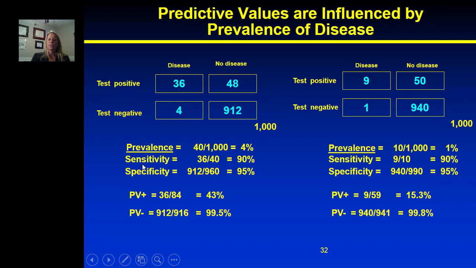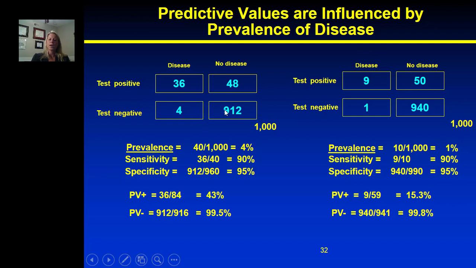And we're now dealing with a test that has a 90% sensitivity and a 95% specificity. And by the way, sensitivity and specificity are not influenced by prevalence of disease. So these two measures are the same in both scenarios. So we can use those values now to calculate our true positives, which would be 36, or 40 times 90%.